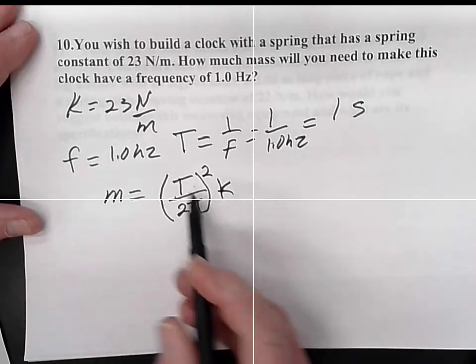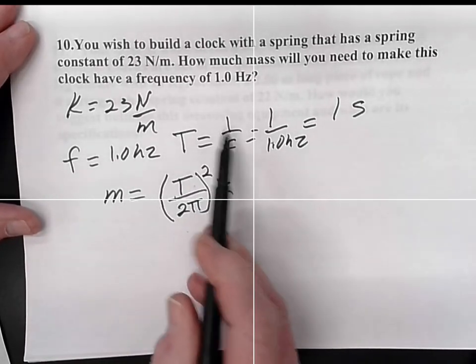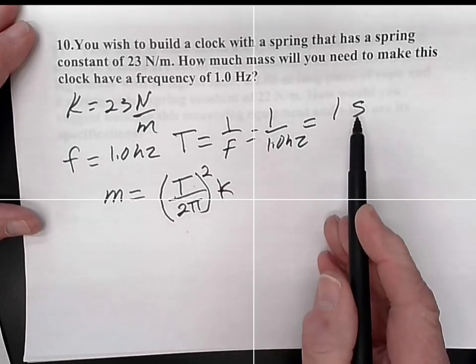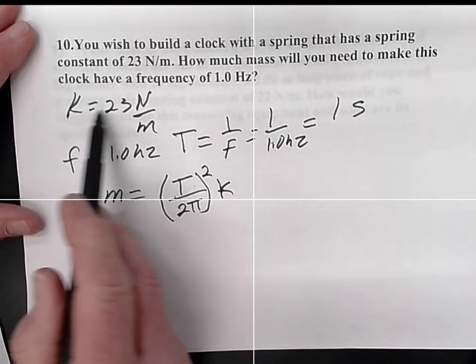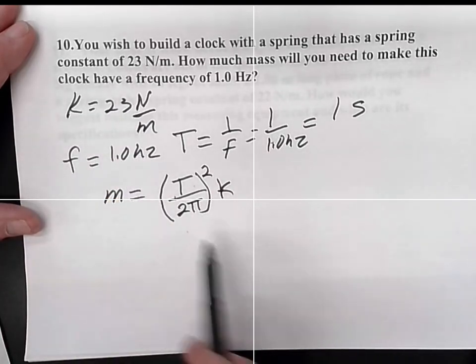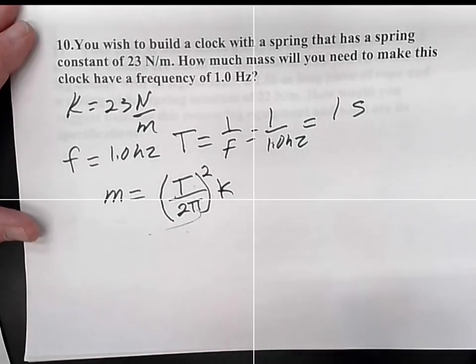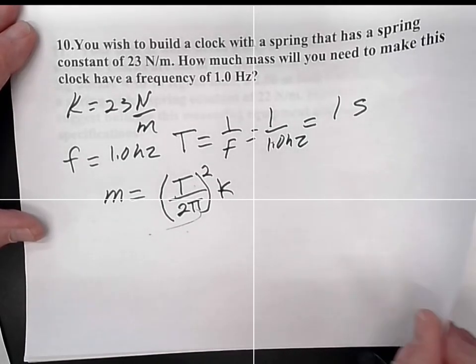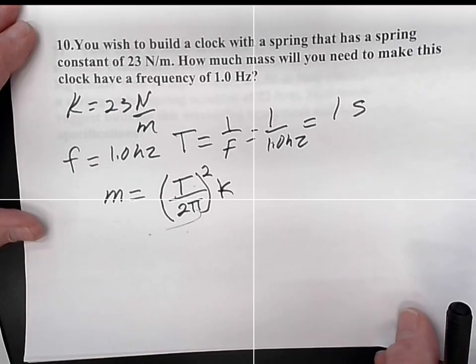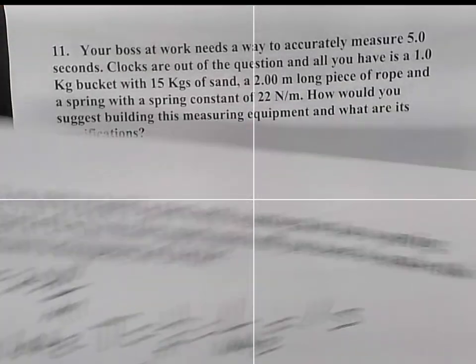And so you have the period here, which we found out was 1 second. You have k, which is 23 newtons divided by meters, and now all you have to do is figure out what the mass of that would be. And so that's what you would do for number 10.